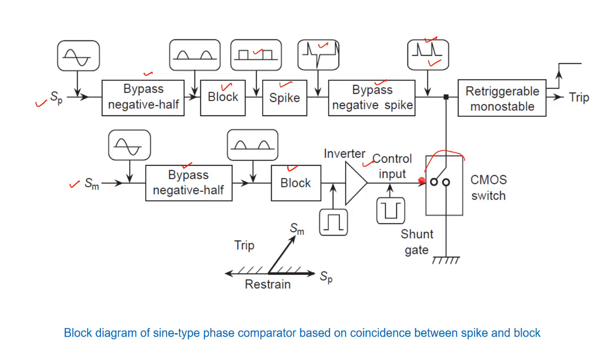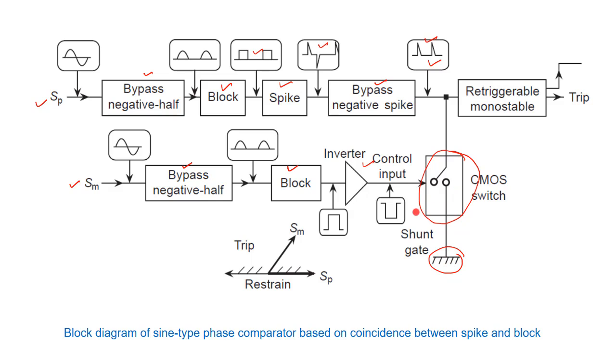So here there is a CMOS switch, and this in fact plays an important role, because whenever there is a lagging condition, under that condition it should not give the trip signal. That means your spike should be earthed; it should pass through the CMOS switch to the earth.